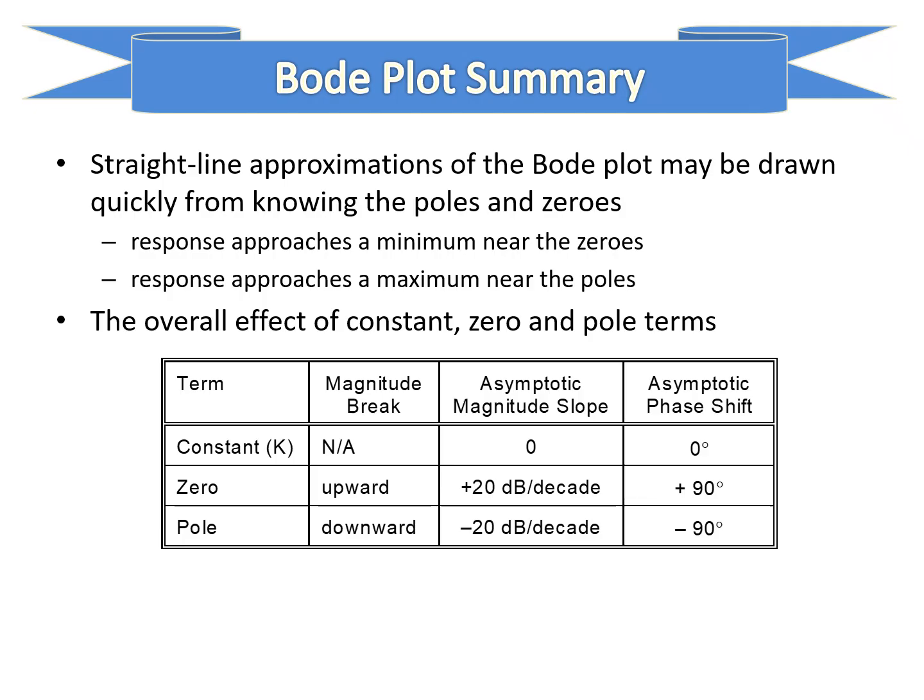And then for a pole, breaks downward, asymptotic magnitude slope is minus 20 dB per decade, and asymptotic phase shift is minus 90 degrees.